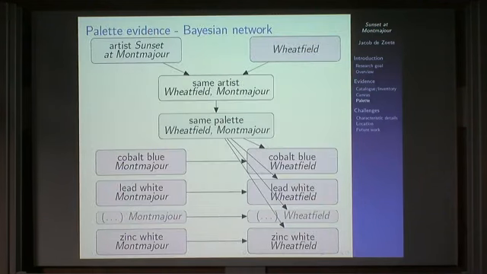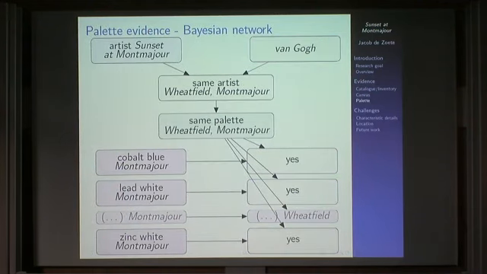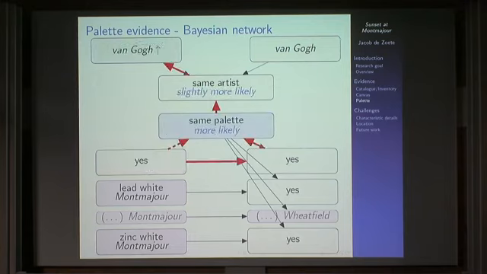Nonetheless, you can ask what is strong evidence or what is not as strong. So you have the evidence from this painting, wheat field, another wheat field, in which these are present, and then you can include that yes, there is also cobalt blue in the Montmajour painting, which makes it more likely that it's the same palette, in very broad terms.